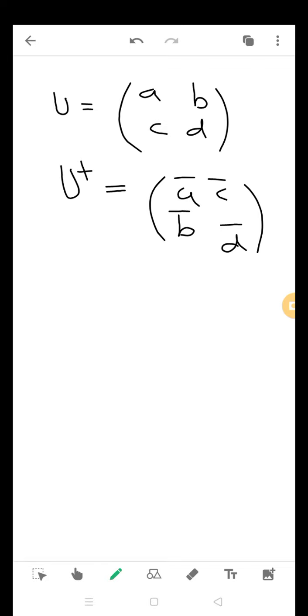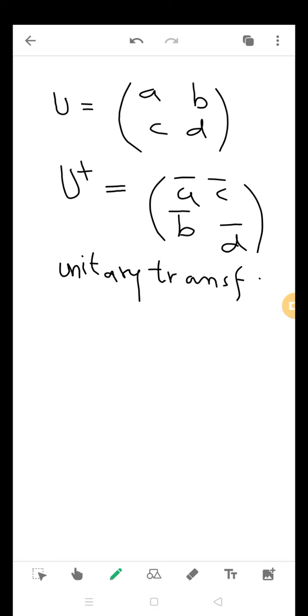So this is the complex conjugate transpose. Now, what is a unitary transformation? A unitary transformation is that transformation which preserves the inner product.